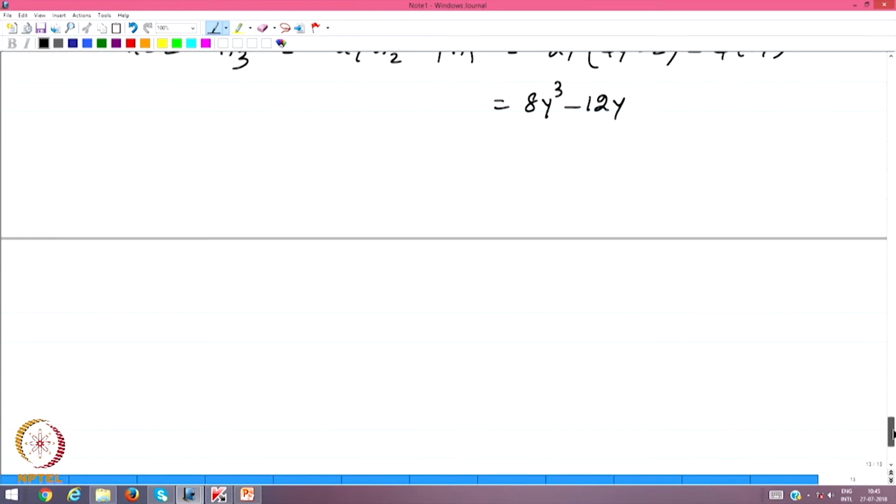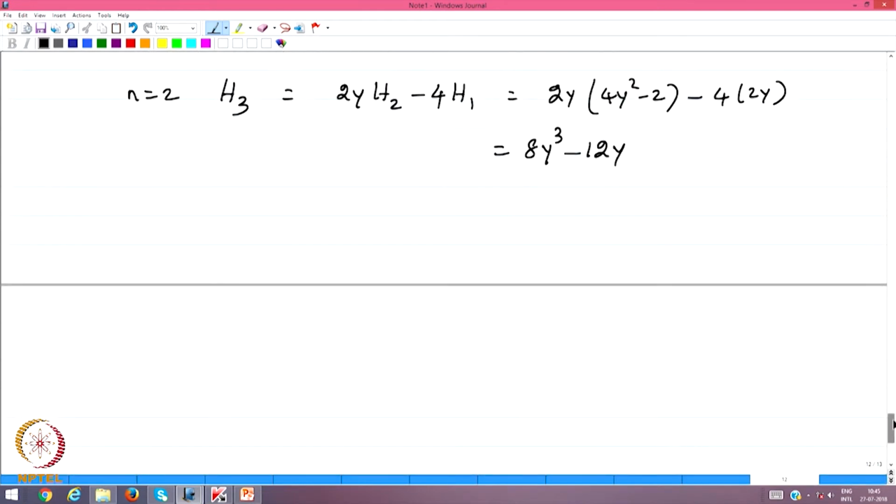So, now it is very easy to calculate the rest of it in a similar way, and I will give you the answers. Use H2 and H3 with n equal to 3 to get the answer.